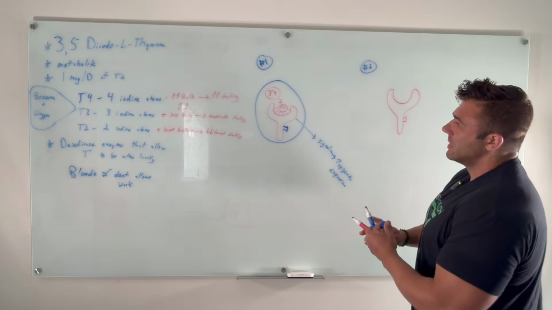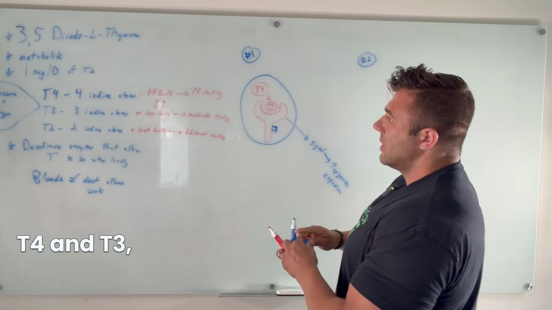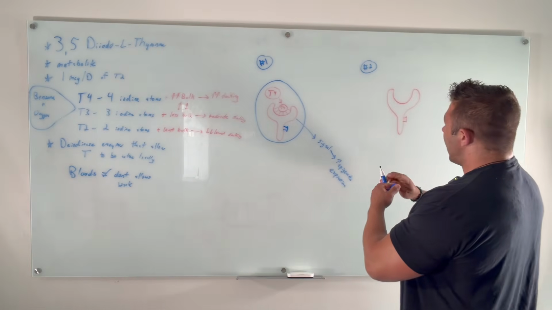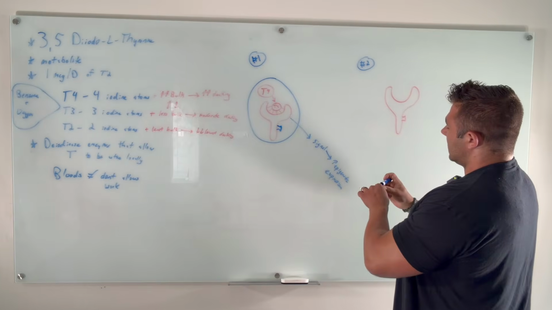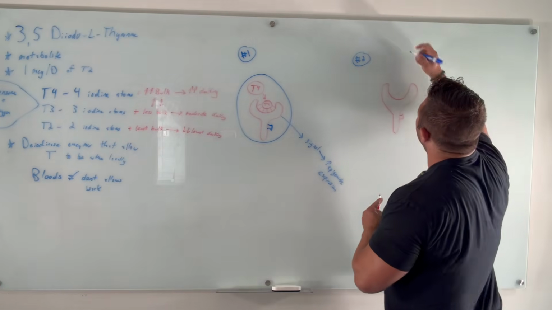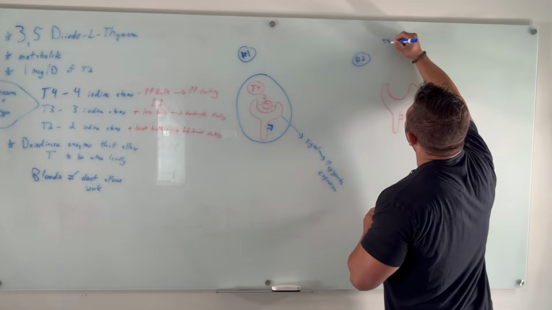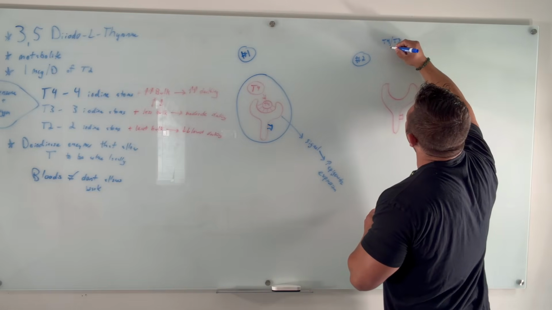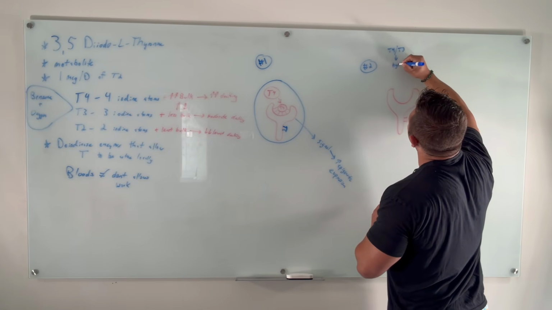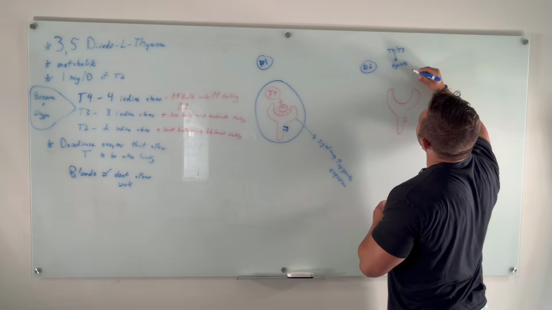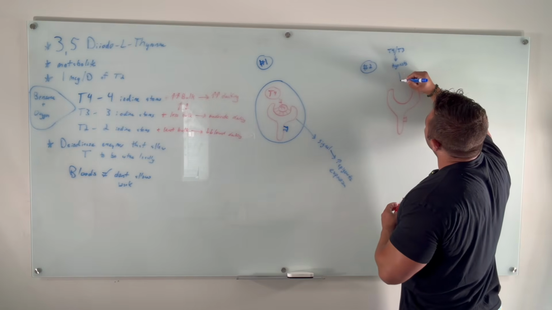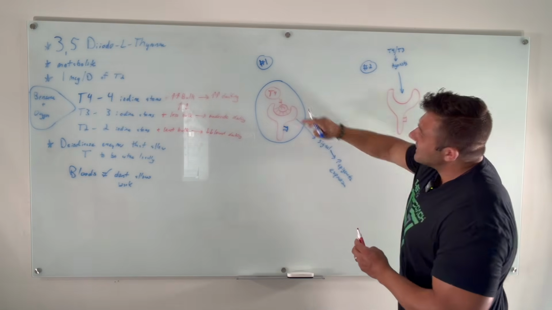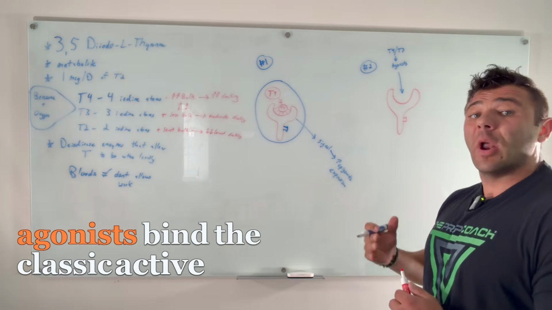Okay, so T4 and T3, they are agonists. So when you have an agonist, T4, T3, these are agonists. So these agonists are going to have the classical binding phenomenon that occurs.